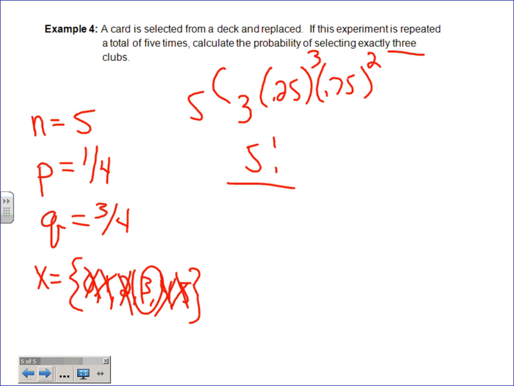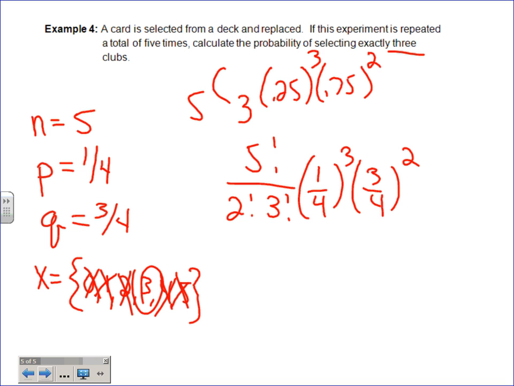5 factorial over, what, 3 factorial? Well, actually it'd be 2 factorial first, my bad, if you follow the rule. 2 factorial, 3 factorial. You see how these 2 just magically find their way down here? It's amazing. Would it be easier as a fraction? Probably, because we can do that in our head. 1/4 cubed and 3/4 squared, right?